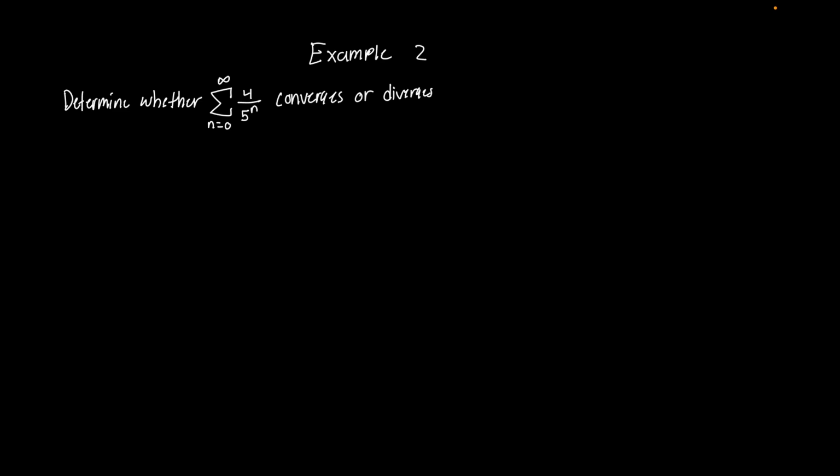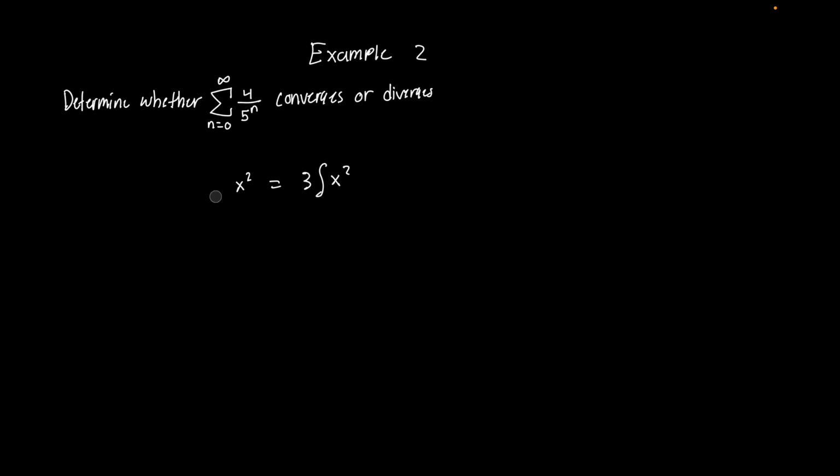So example number 2. Determine whether 4 over 5 to the n power, sorry I can't talk, converges or diverges. For every single thing you learn in calculus, like let's say integrals, say you had the integral of 3x squared, you can always just take out a 3, because it's a constant, so you could leave it as 3 times the integral of x squared.